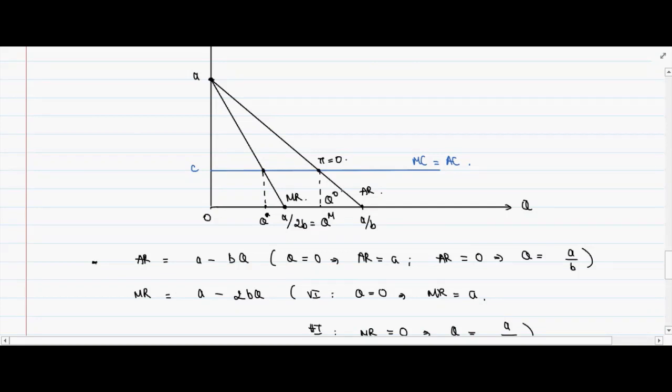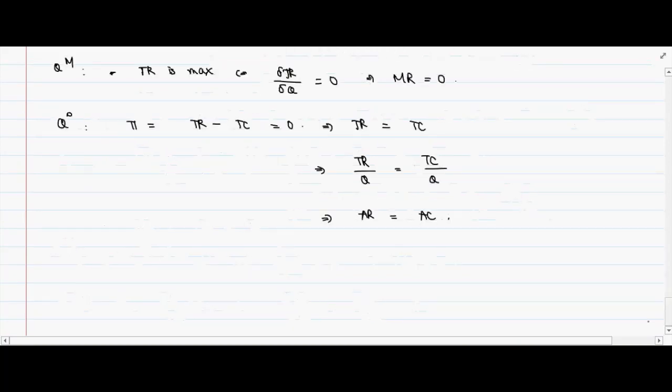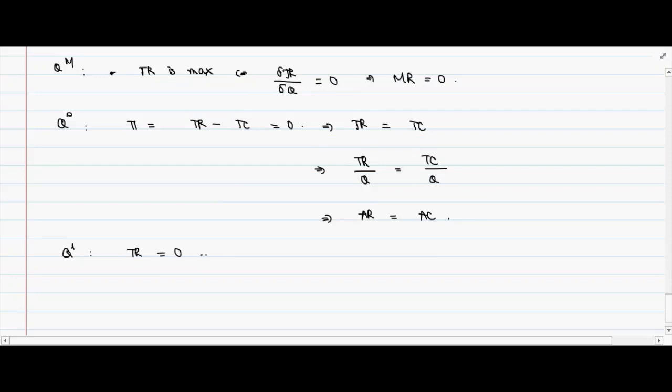And the last one is Q1, where the revenue is equal to 0. So Q1 is where the total revenue is equal to 0.